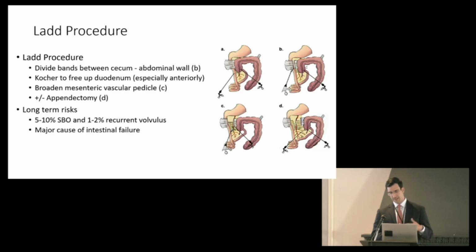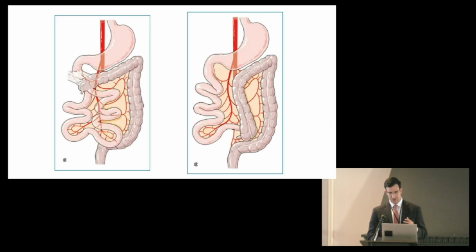However, because any abdominal surgery creates scar tissue, it does carry the risk of additional obstructions down the road, not from the initial problem, but more so from adhesions from the surgery. So that can be an issue. And although you remove the main issue, you don't completely restore normal rotation. You convert somebody from malrotation to non-rotation.